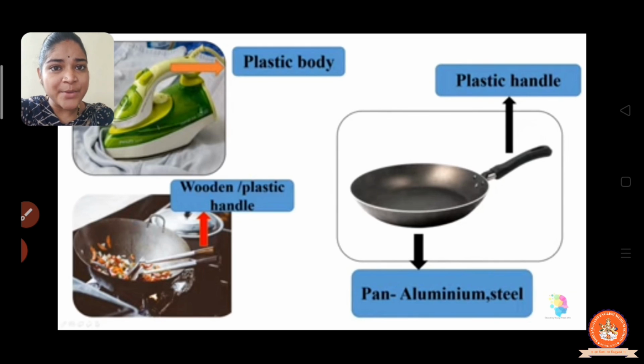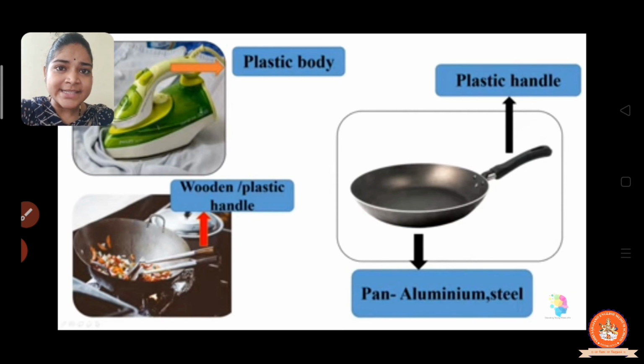Examples of conductors are aluminium, copper, steel, etc. Examples of insulators are plastic and wood. Now students, I hope you understand conductors and insulators.